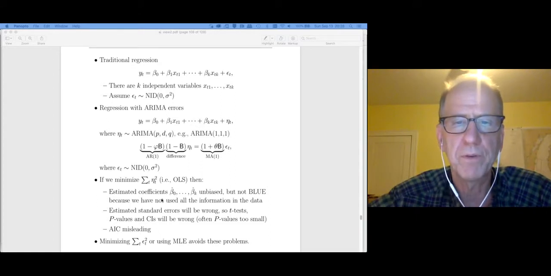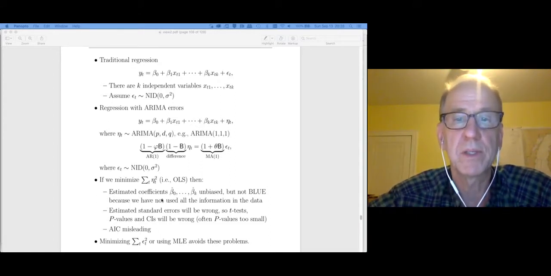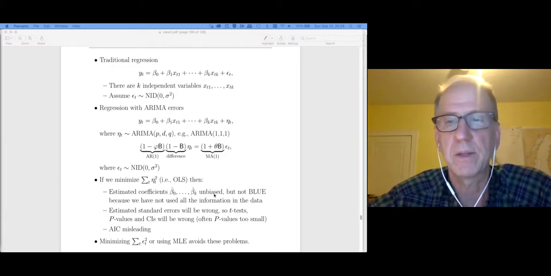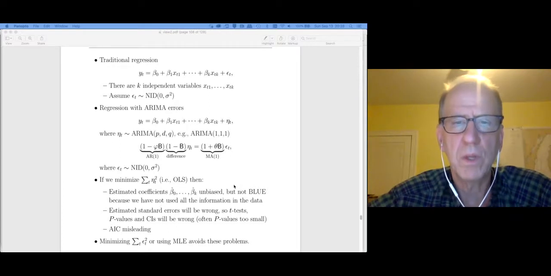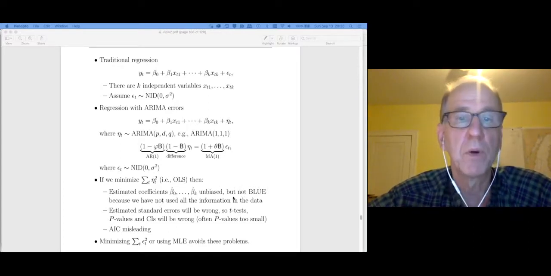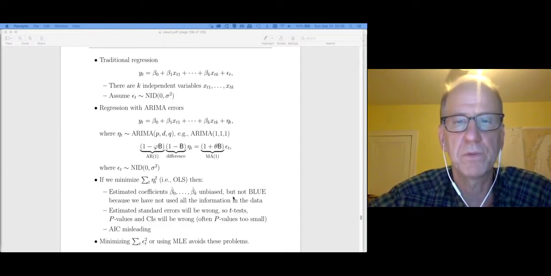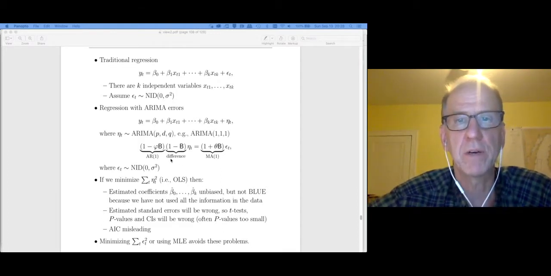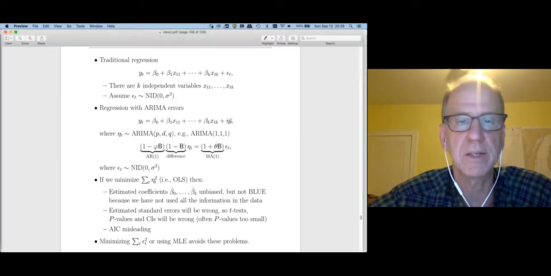If you remember from Stat 1, what BLUE means is they are efficient, that they are the best linear unbiased estimators. The OLS method of estimation does not give the most reliable estimates. We could do better if we took advantage of what we know about these different errors, these etas.